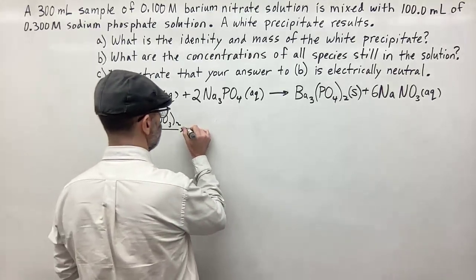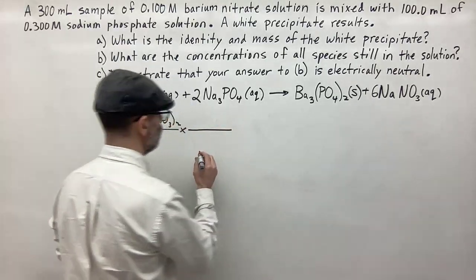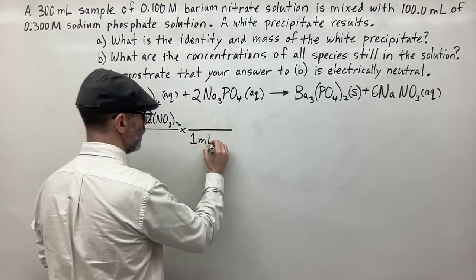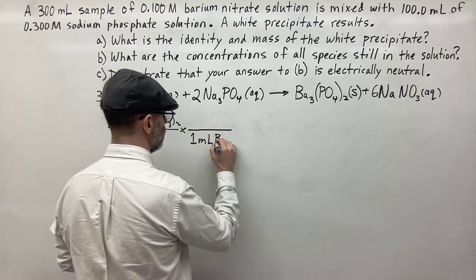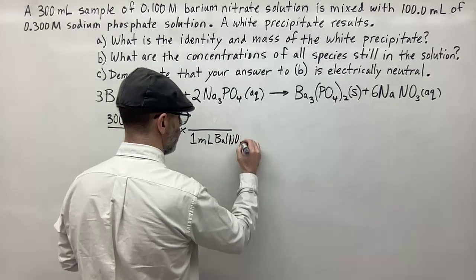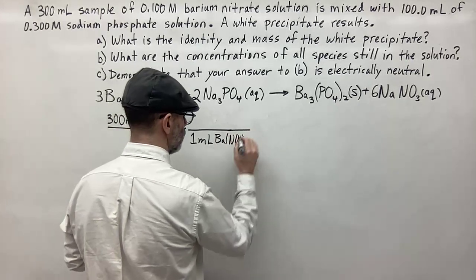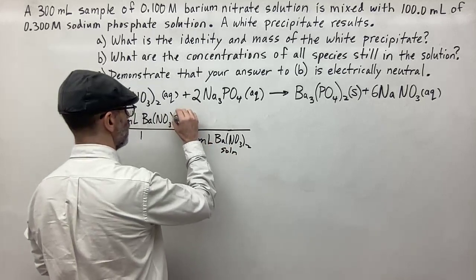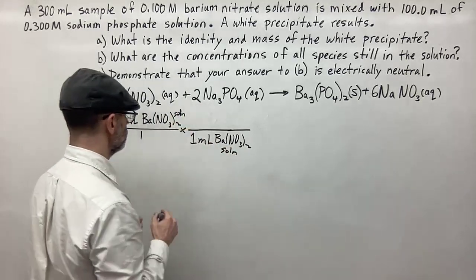So I'm going to use my first step. My first conversion is going to be 1 milliliter of the Ba(NO3)2, and this is a solution, right? We're talking about a solution.